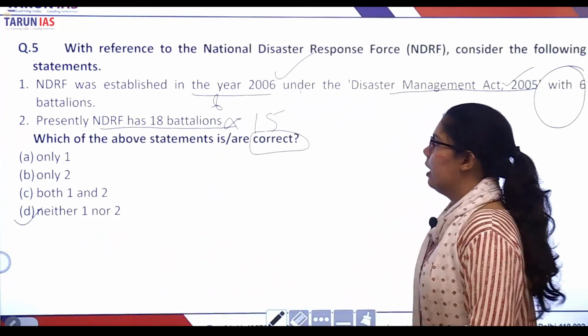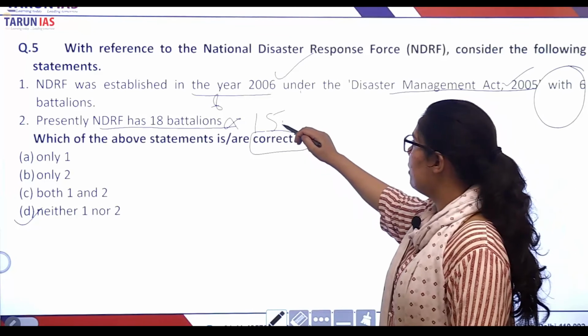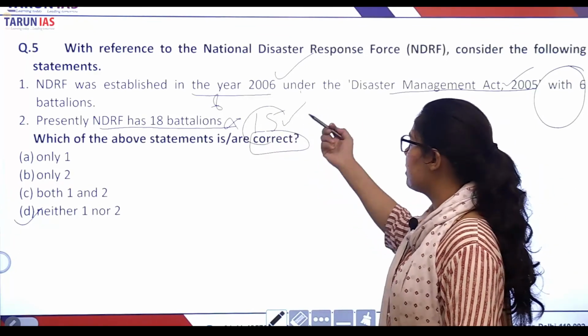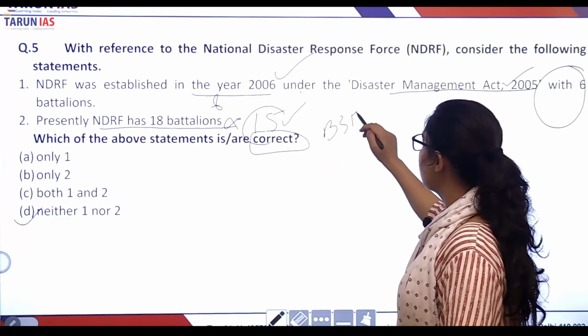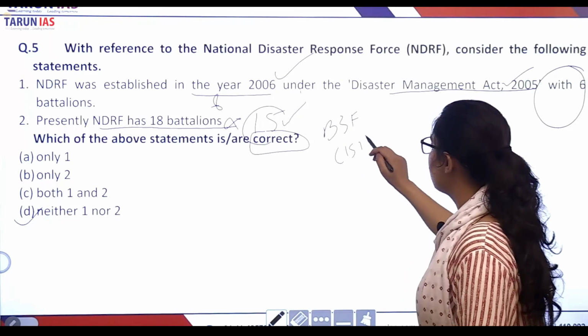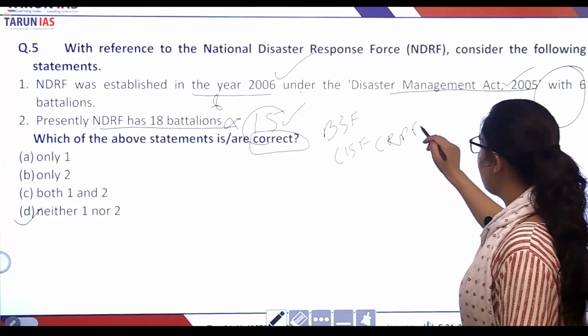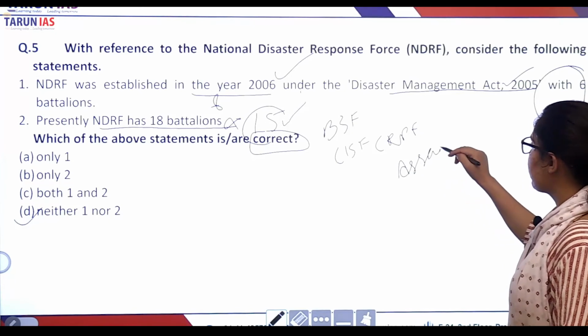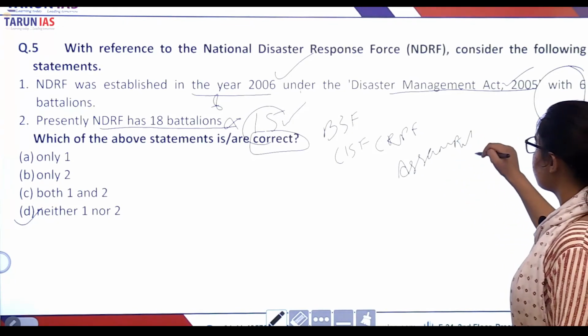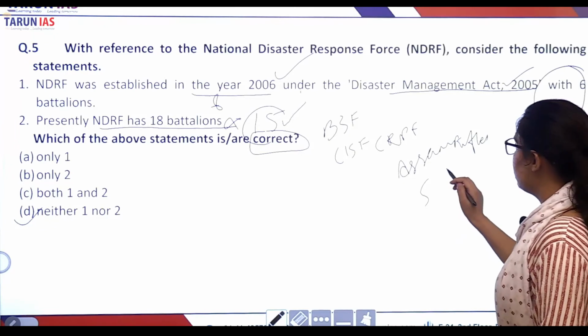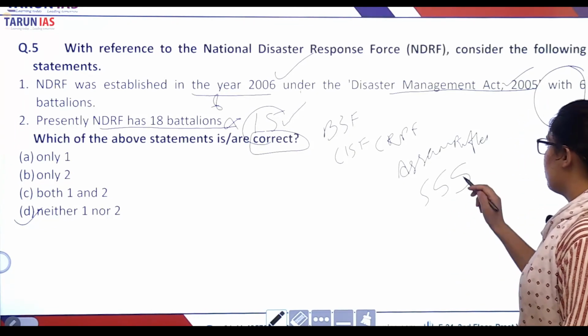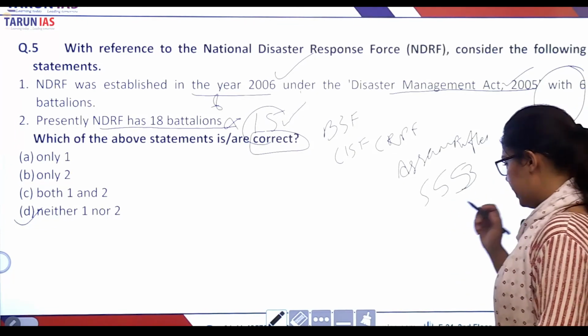How many battalions does NDRF have today? At present, 15 battalions, and they come from BSF, CISF, CRPF, Assam Rifles, SSB, that is Sashastra Seema Bal.